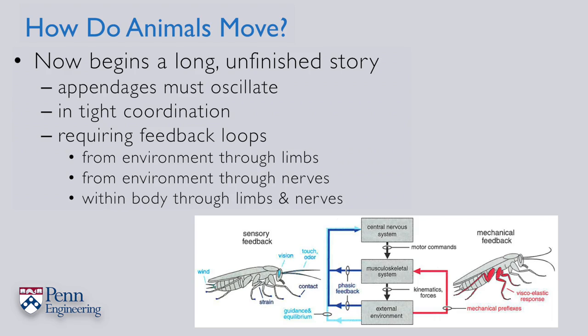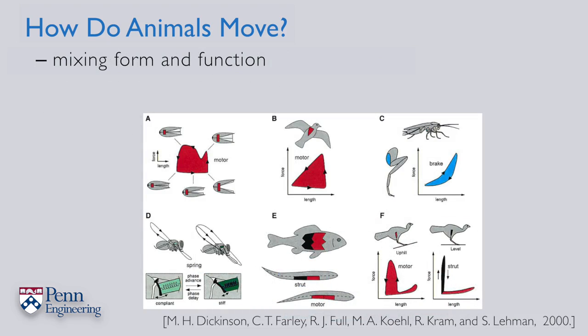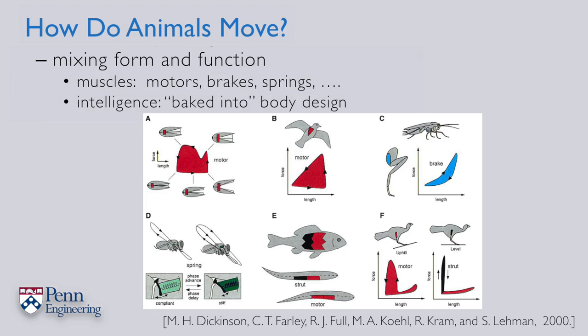Their bodies mix form with function in a marvelous and confusing way. Muscles in the animals sometimes function as motors, sometimes they function as brakes, sometimes they function as springs. The intelligence is baked into the body.